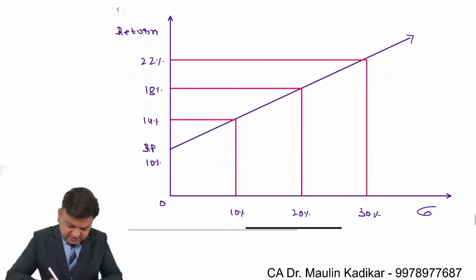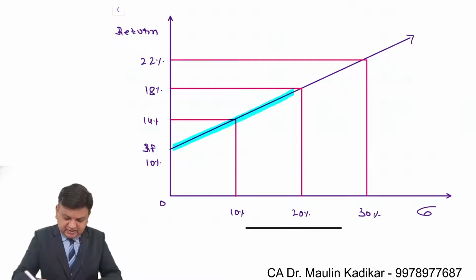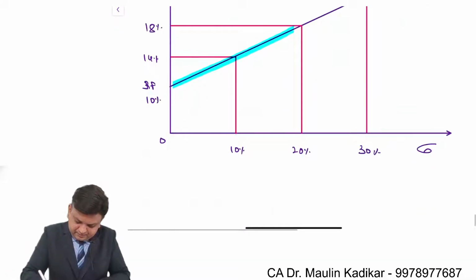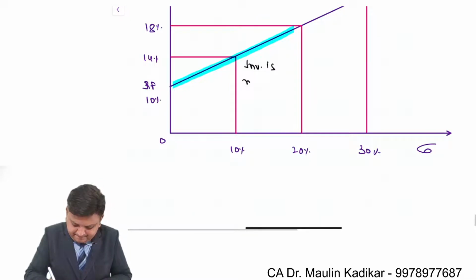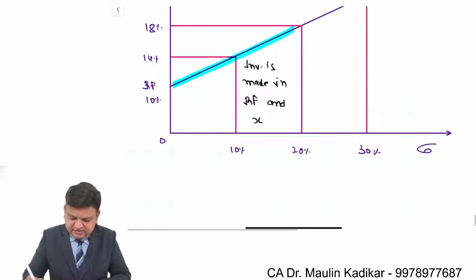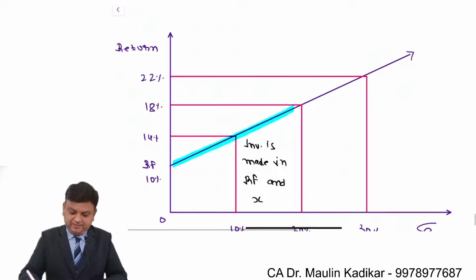Technically, friends, we understand that this portion is indicating investment is made in RF and X. That is what this is indicating.